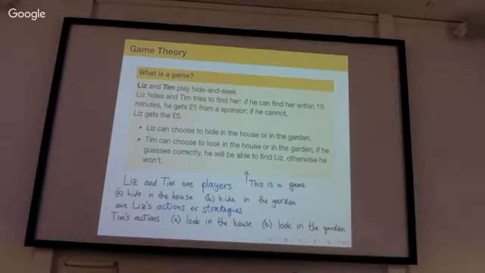But we are assuming that we know what Tim wants. So in this case, we think that Tim wants to win, and we will base our analysis on that.